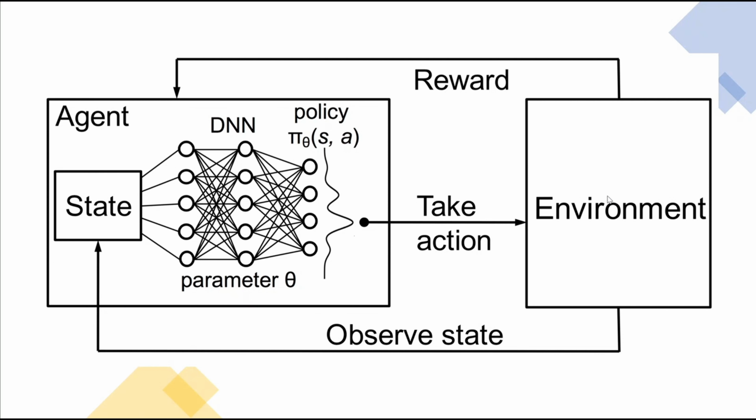Again, this effect brings the agent a reward. Then the agent continues to choose the action to take based on the new state, and this process continues until what? Until it reaches the last state. Then we call the whole process an episode.